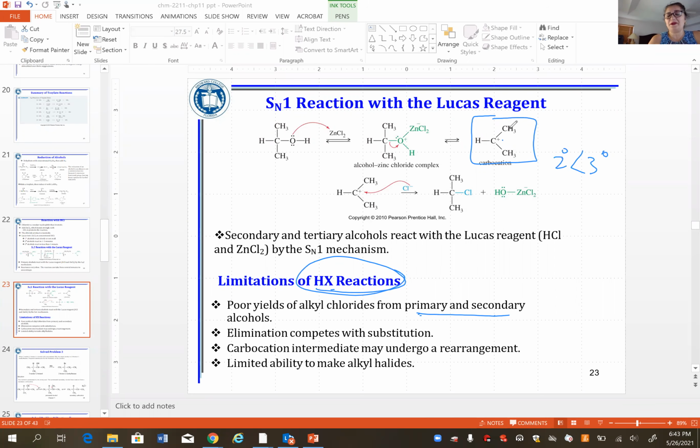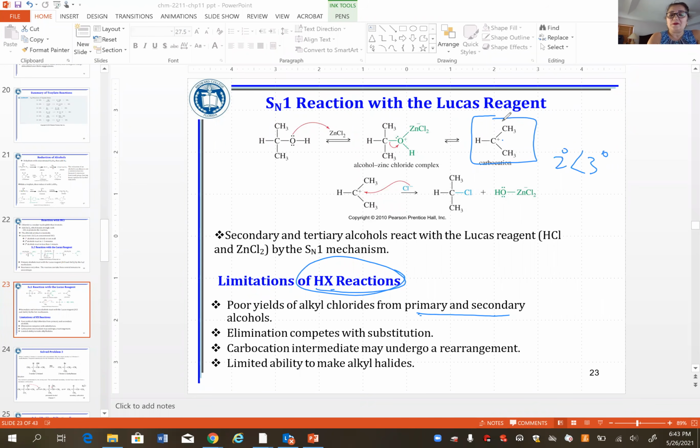So if you have a primary carbocation and it can go to secondary or tertiary, there is a reason for rearrangement. But if you have a secondary carbocation and it would rearrange to still give you secondary, it's not going to happen. If it's tertiary, it's not going to rearrange to secondary or primary. That's nonsense.